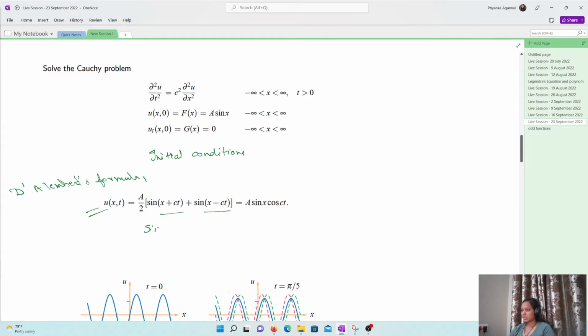So this is sin x cos ct plus cos x sin ct, and for the other part it is again the same term, sin x cos ct, but here we have minus cos x sin ct. So this cancels and it can be simplified and written as a by 2 into 2 times sin x cos ct, and therefore it becomes a sin x cos ct.